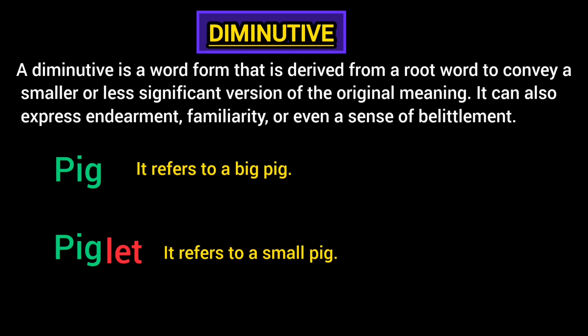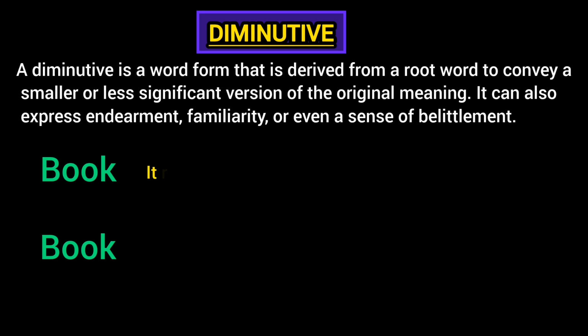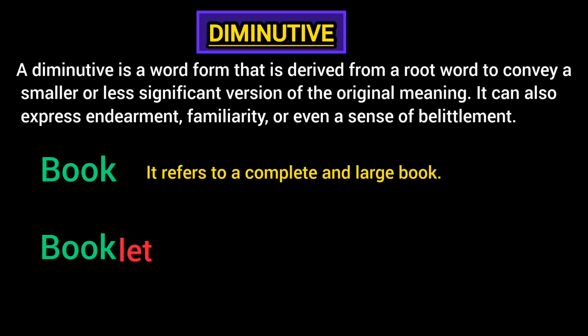Look at another example, book, which is the original word, referring to a complete, typically larger item with multiple pages bound together. And if we add the suffix let, then it becomes booklet. Basically, in this case, the diminutive suggests that the booklet is a smaller, simpler, or less formal version of a book.